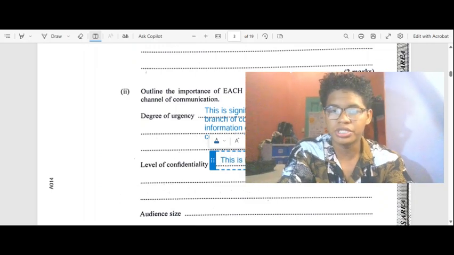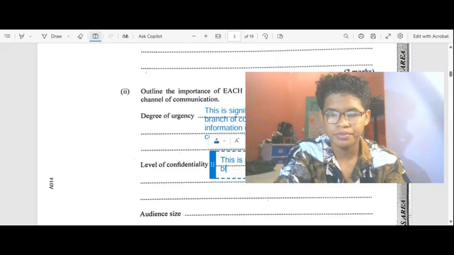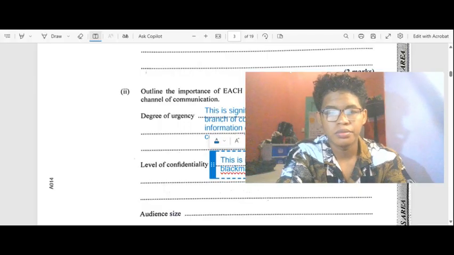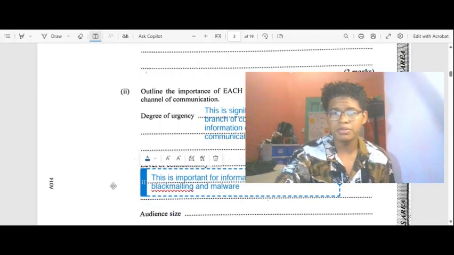So the next one is important for information security, i.e., hacking. This is important for several reasons. For example, security.